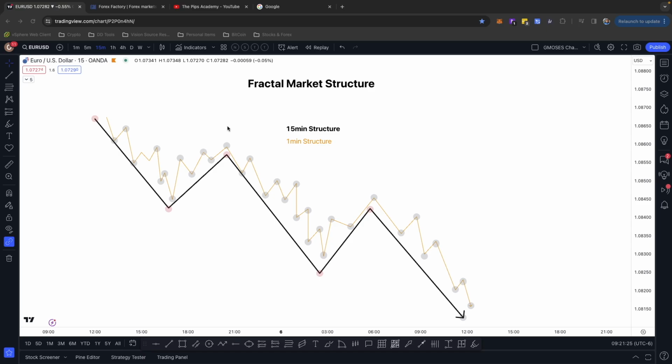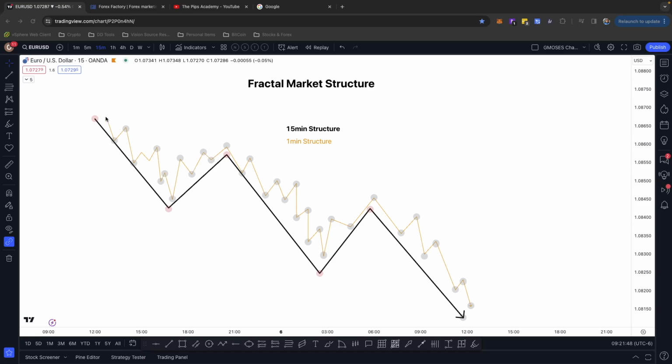For example, we have a 15-minute structure, which is indicated in black, and a 1-minute structure. As you can see, your external structure is your big picture. These are your big swings, swing highs and swing lows. But inside of that, you have a 1-minute structure that has a micro structure in itself.